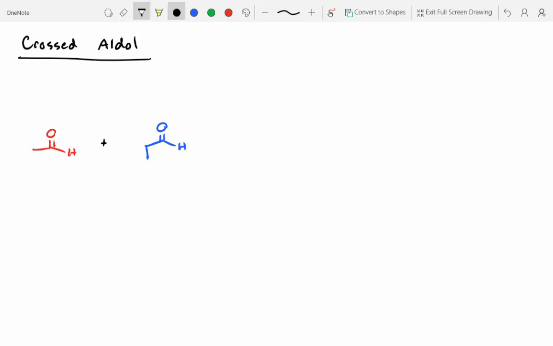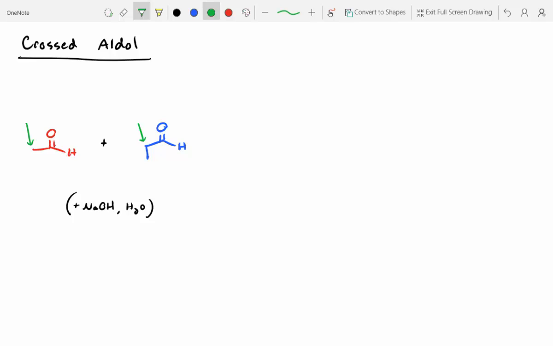So we're mixing these two together under basic conditions and aqueous. The question is, what product will we get out, or what products will we get out? The tricky thing is, if we look at these alpha protons versus these alpha protons, they have really, really similar pKa's. So it's kind of a toss-up in terms of which one's going to get deprotonated, right?